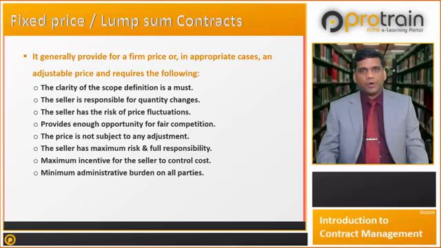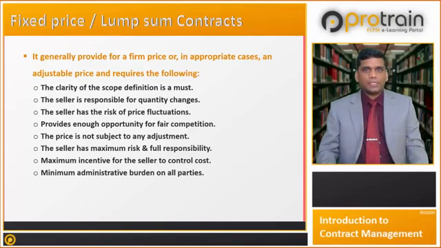These types of contracts generally provide for a firm price or in appropriate cases an adjustable price. Following are the features of fixed price contract. The clarity of the scope definition is a must. The seller is responsible for quantity changes.